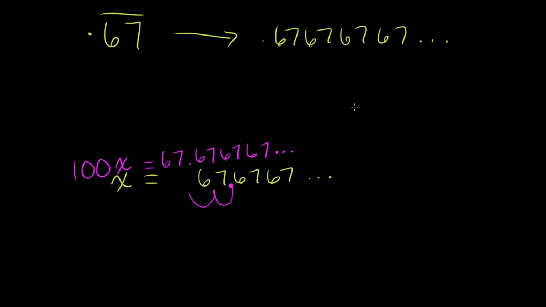So let's say 100x is equal to 67.6767 repeating. We know our original x is equal to 0.6767 repeating.